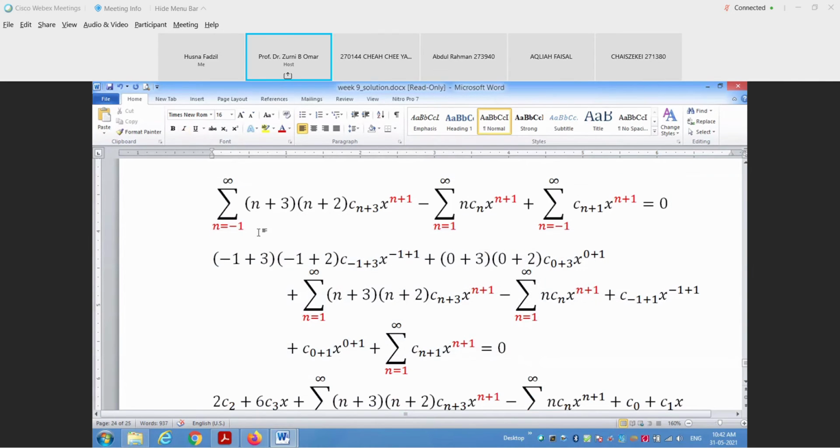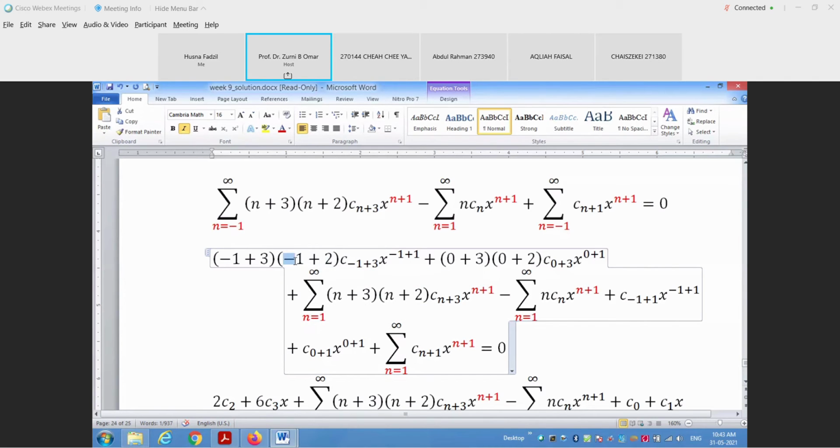Replacing n with minus 1, I get minus 1 plus 3, minus 1 plus 2, c of minus 1 plus 3, x^(minus 1 plus 1), and then I need to replace this with 0 as well. When n is 0, we have 0 plus 3, 0 plus 2, c of 0 plus 3, x^(0 plus 1).